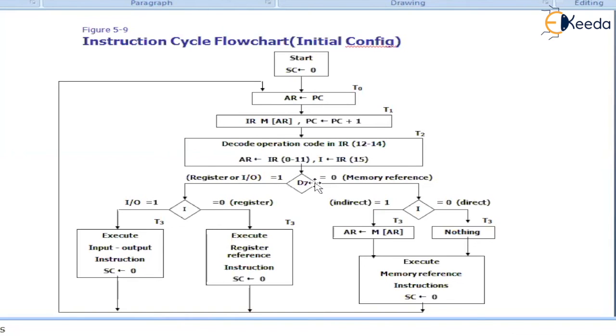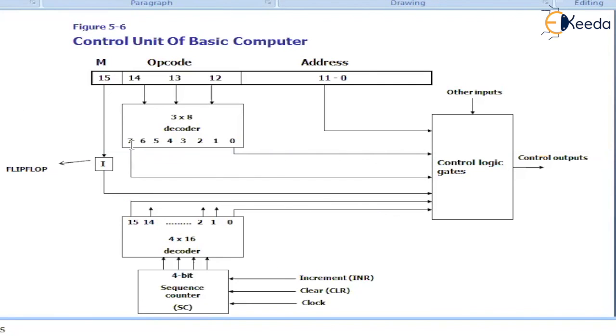If D7 is equal to 0, then a memory reference instruction will get executed. Because if D7 is equal to 0, meaning decoder output D7 is not enabled, one of the outputs from D0 to D6 is enabled, which means the opcode combinations will be from 000 to 110.